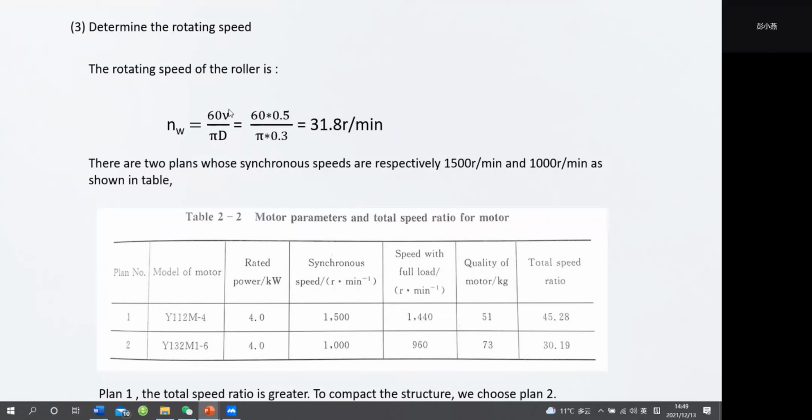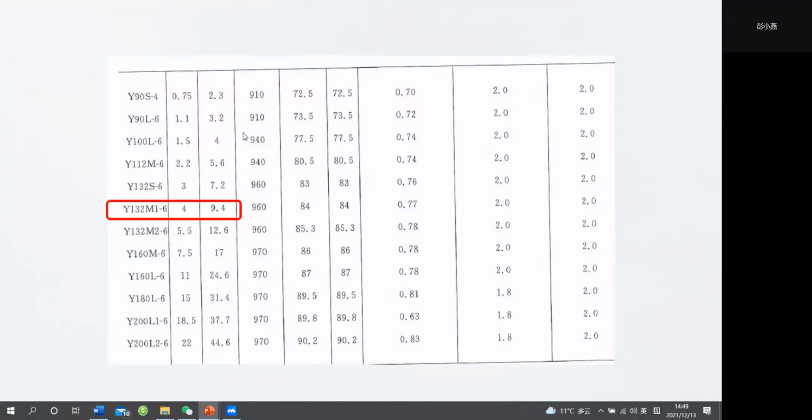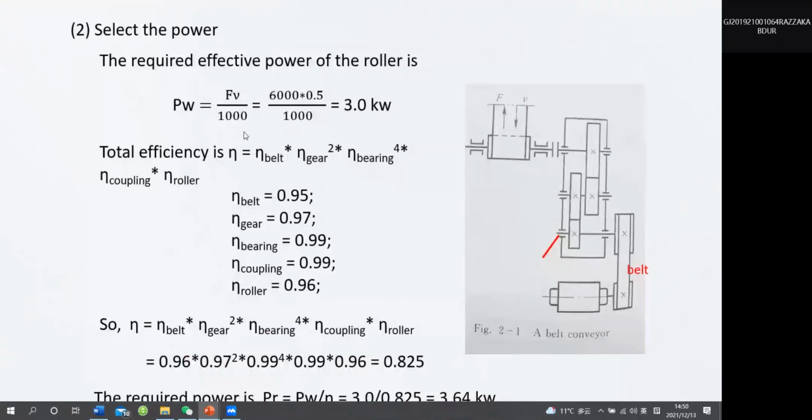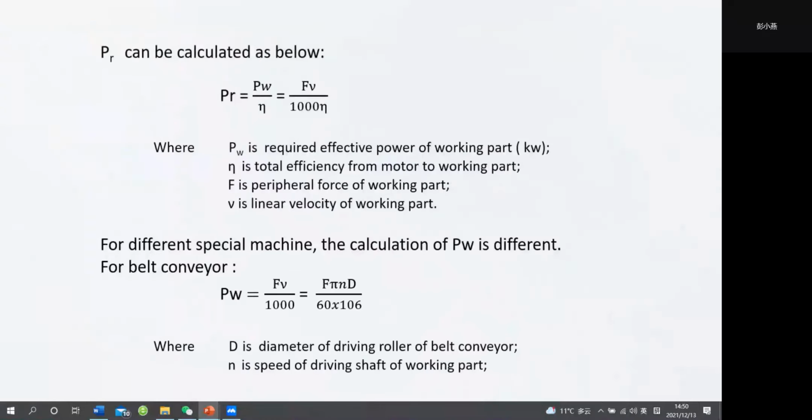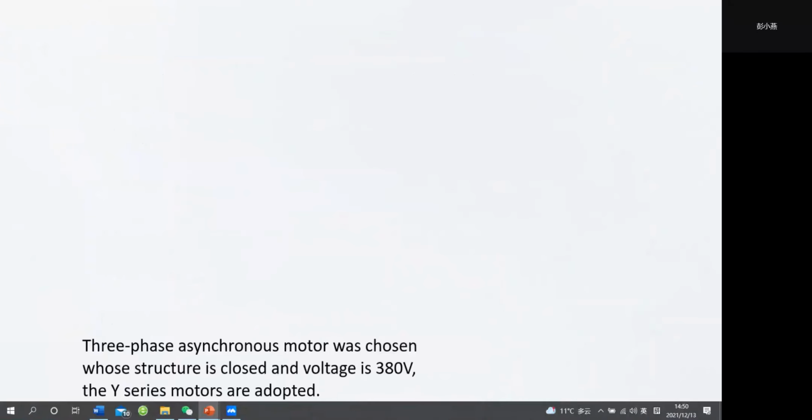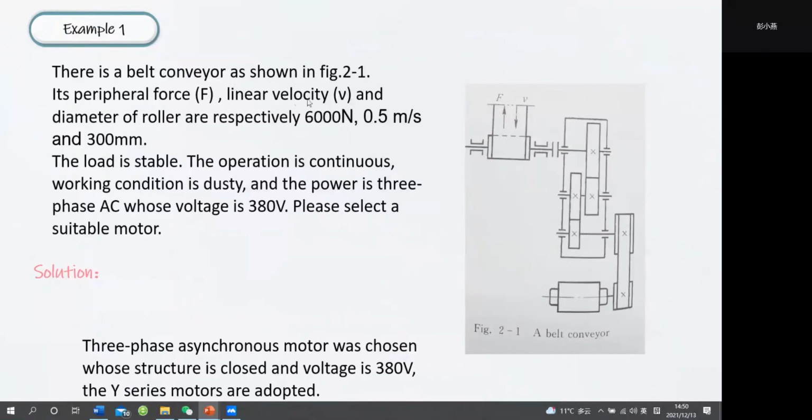V is the linear speed. The linear speed is 0.5 meter per second, and we should transfer seconds to minutes.